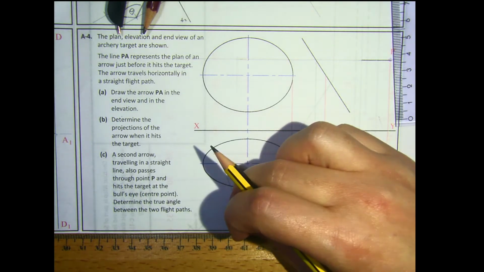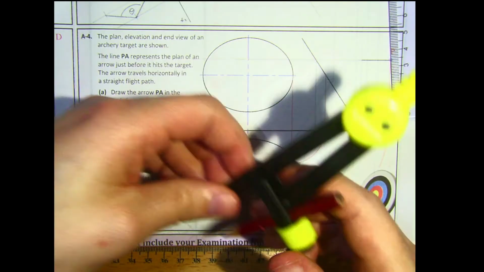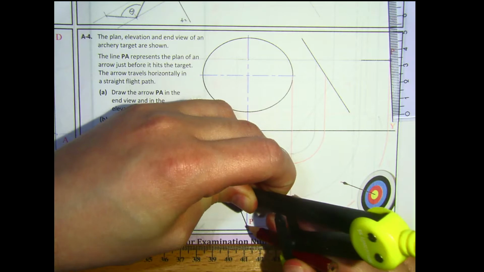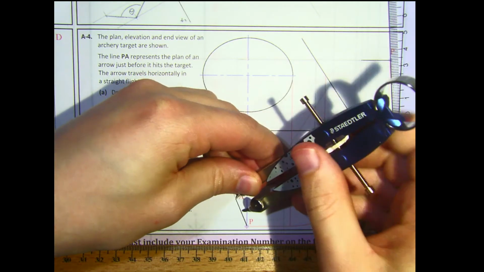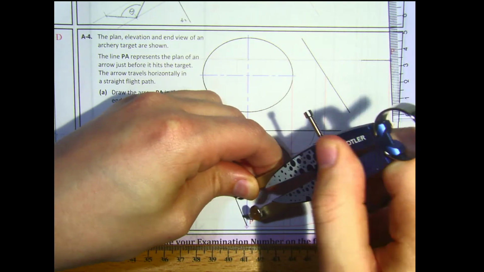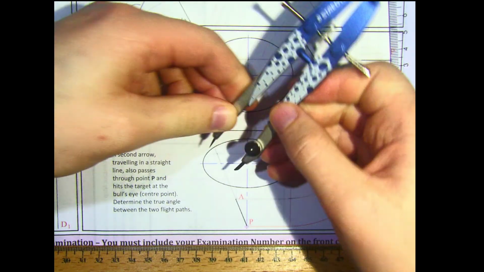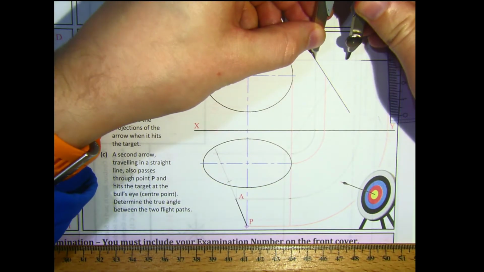The length of the arrow is going to stay the same. That hasn't changed because it's still traveling horizontal, so that means in plan it's a true length. So this distance here is unchanged, as is this distance here.